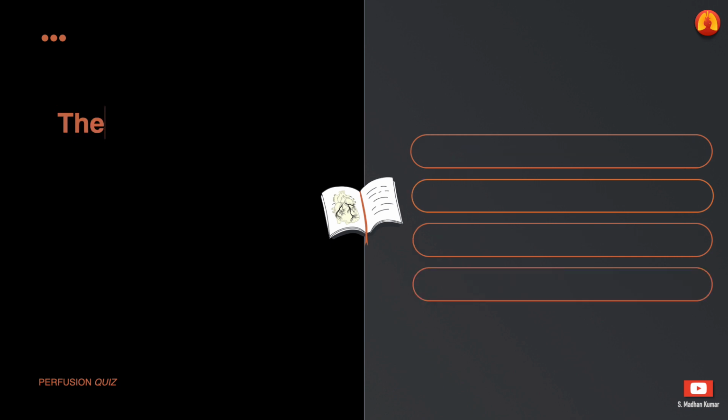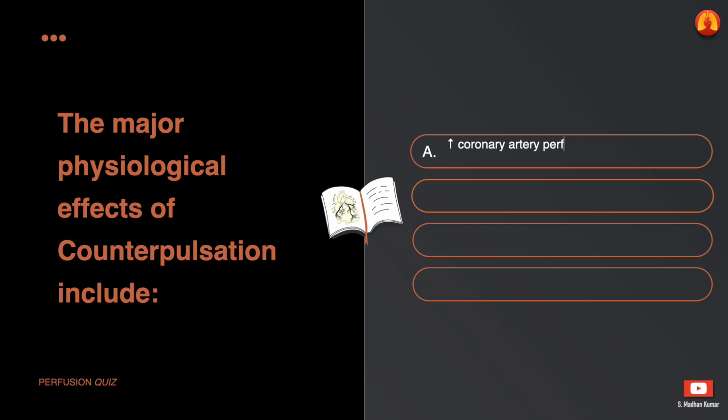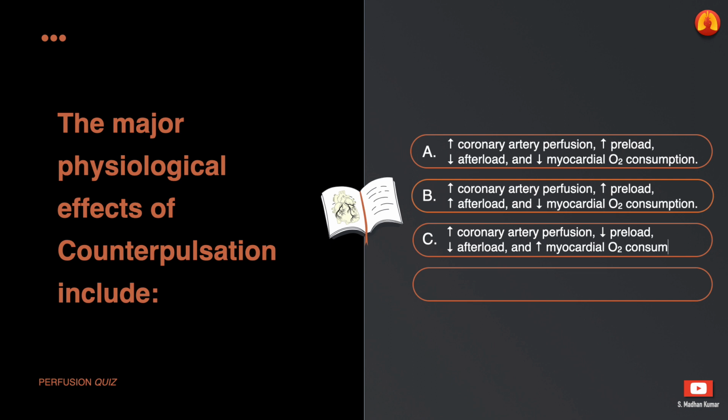The major physiological effects of counterpulsation include A. Increased coronary artery perfusion, increased preload, decreased afterload, and decreased myocardial O2 consumption. B. Increased coronary artery perfusion, increased preload, increased afterload, and decreased myocardial O2 consumption. C. Increased coronary artery perfusion, decreased preload, decreased afterload, and increased myocardial O2 consumption.